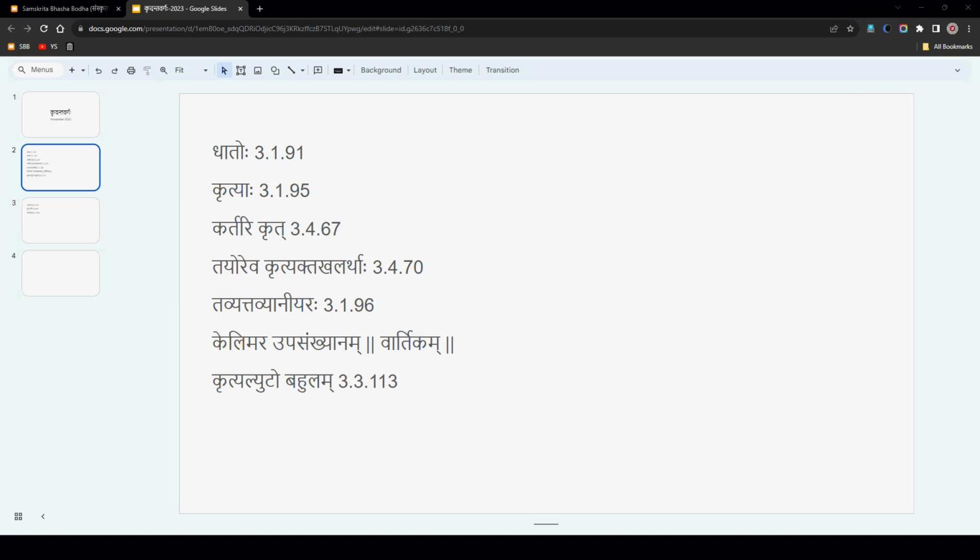So this we have seen in Tavya and Aneeyar, the example with the gam dhatu. If you add the Tavya pratyaya, what is the form there? Gam dhatu. If you add Tavya, Gantavya.